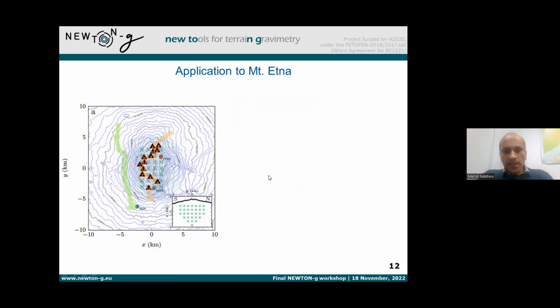In the end, we apply this to Mount Etna. In this case, we have some constraints in the problem. First of all, we see the target volume again represented by these green crosses. In the side view, in the south-north cross section, you see how this target volume looks like.